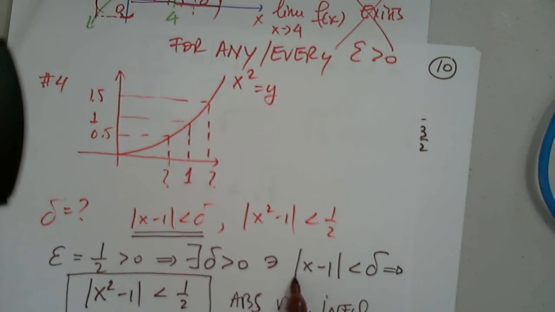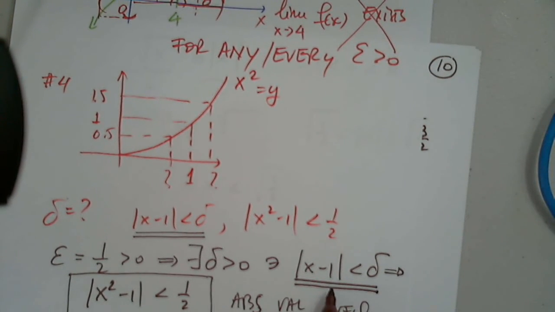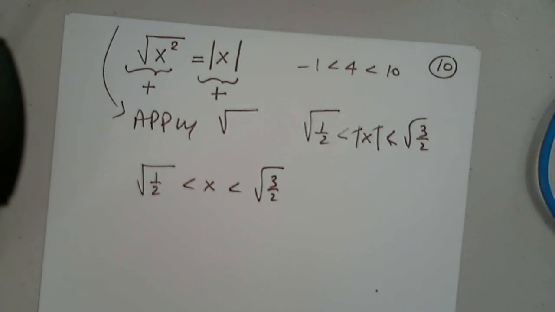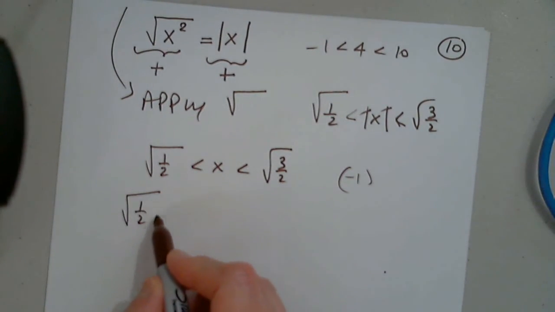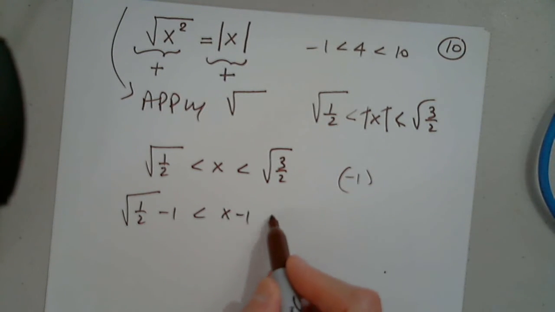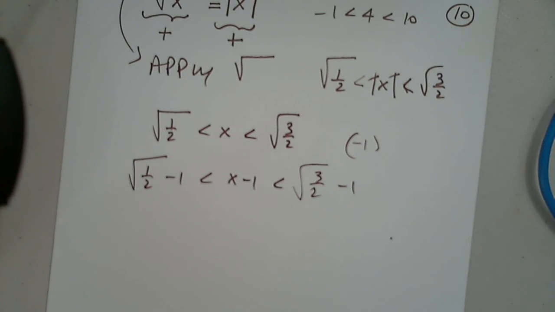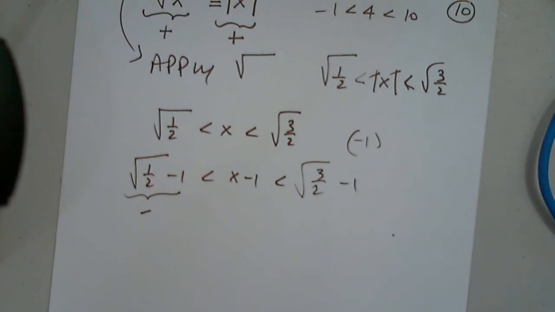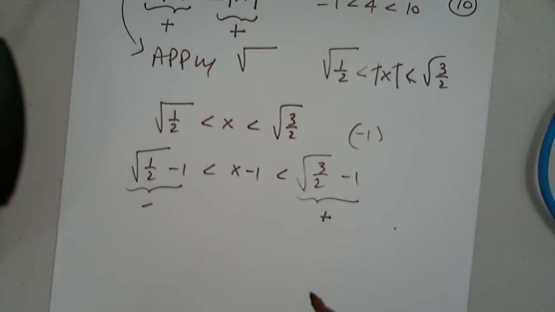We're after this. We have to subtract 1 from all three sides and then decide what delta will be. So subtract 1 from all three sides. I have the square root of 1/2 minus 1 less than x minus 1 less than the square root of 3/2 minus 1. Now, what happens here is I have to identify this, which is going to be a negative number, and I have to identify this, which is going to be a positive number.